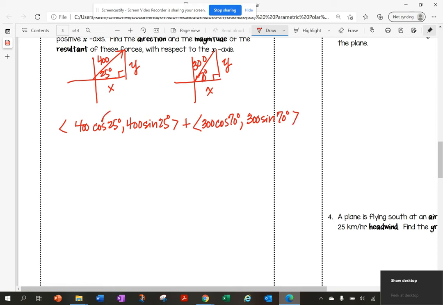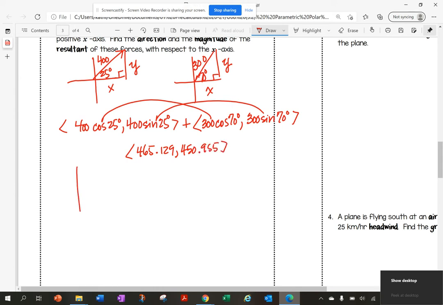So I know I can add my horizontal component to my horizontal component and my vertical component to my vertical component. So my resultant vector, I get 465.129, and my vertical component, I get 450.955.